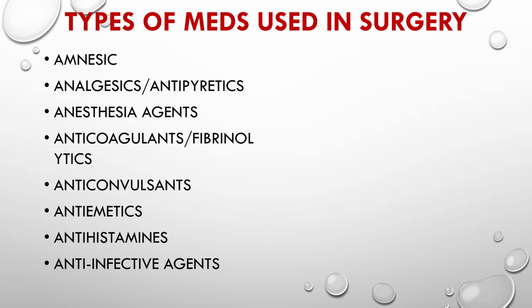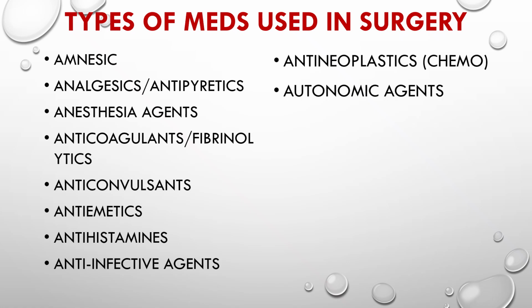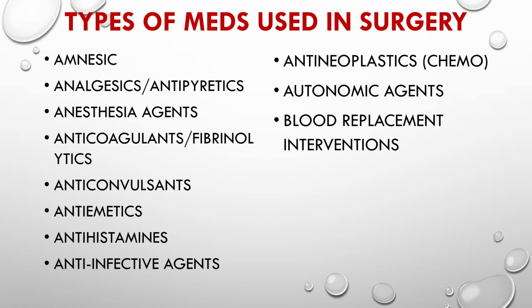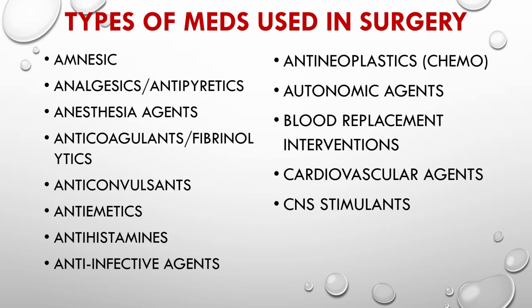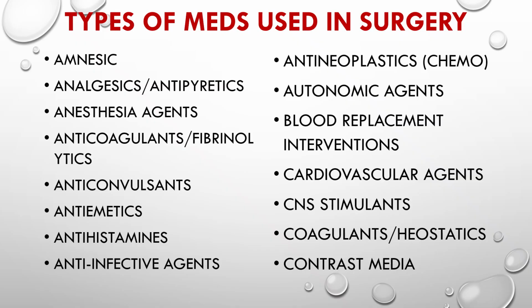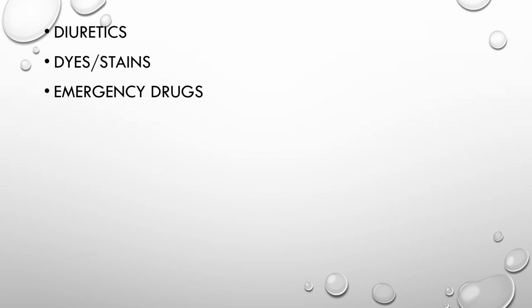Antihistamines, anti-infectives like our antibiotics and antivirals, anti-neoplastics, those are going to be our chemotherapy medications, autonomic agents, so this is referring to the central nervous system, blood replacement interventions, again, OR, we're possibly losing lots of blood, cardiovascular agents, CNS stimulants, coagulants and hemostatics, contrast media, diuretics, dyes and stains, emergency drugs that are common in the OR. We'll learn there's an emergency card and what goes on that.